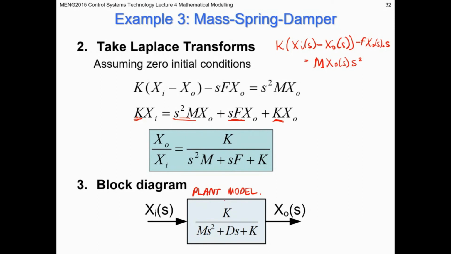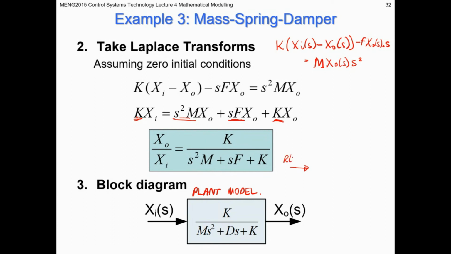And we might want to apply position control, trying to control the position of the mass, which is x out, and we might have a varying demand position or desired position x in, so the set point x in is moving. So we could use our plant model in a larger closed loop feedback system.